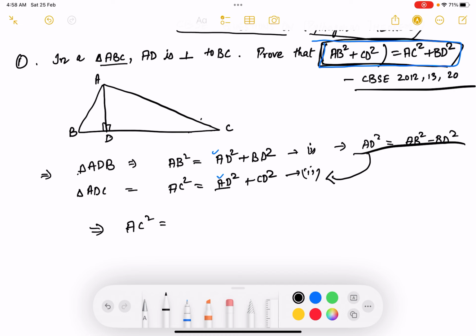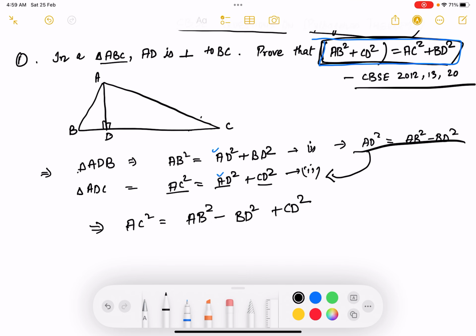So AC square is equal to, instead of AD square, AB square minus BD square, then plus CD square. Let's bring the minus term here.